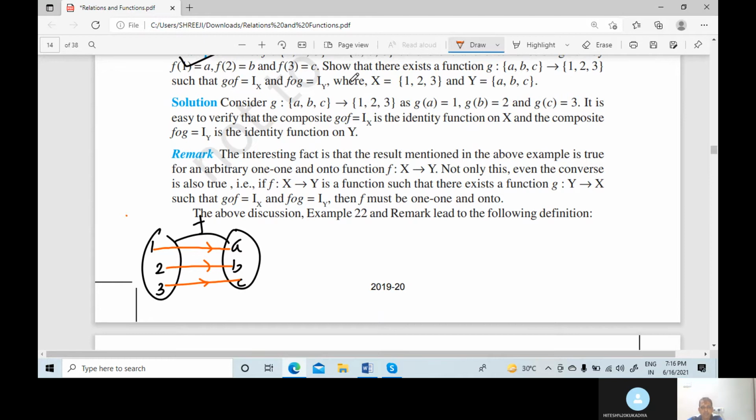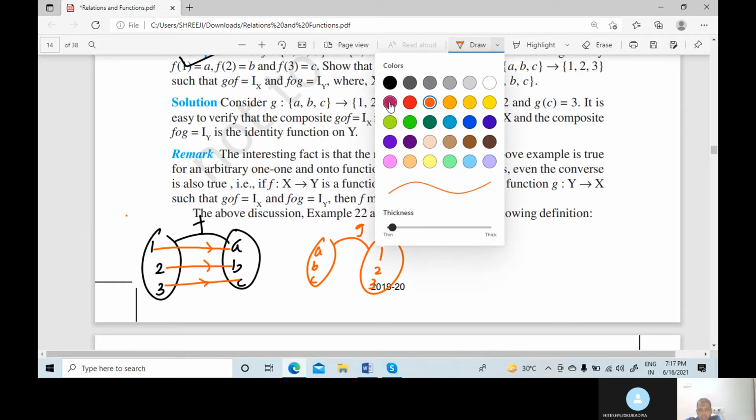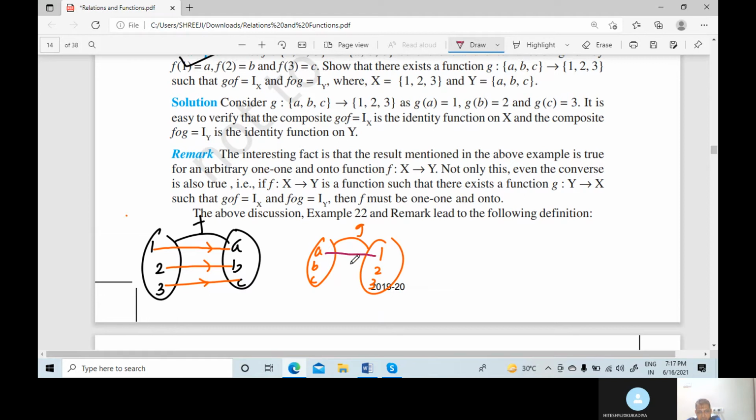Given in our question. Now show that there exists a function g from ABC to 1, 2, 3. Here we draw the function g. A, B, C, 1, 2, 3. So here our answer is GA is 1, GB is 2, GC is 3.